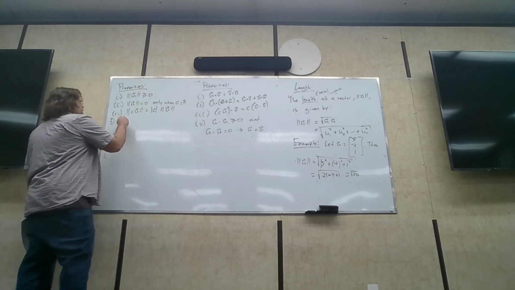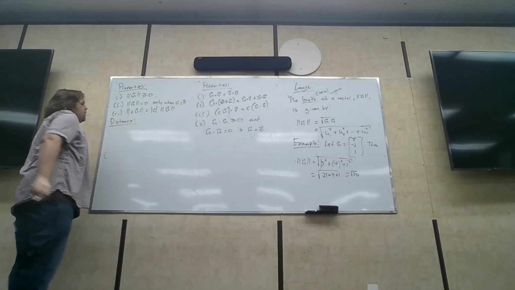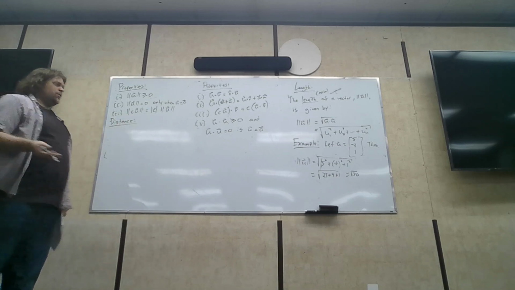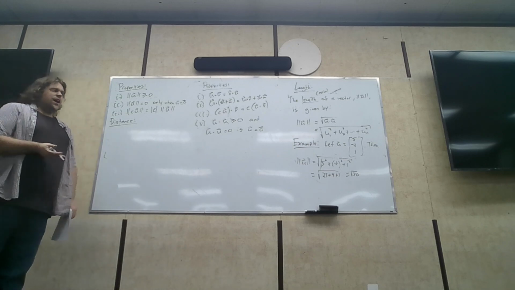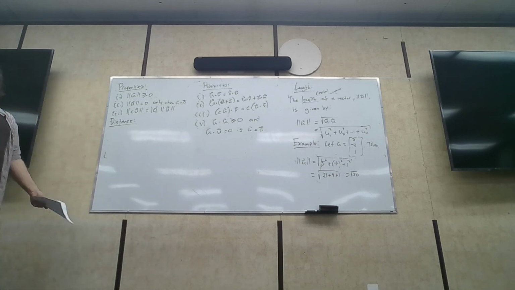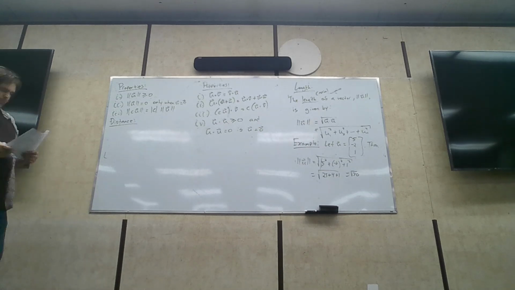So the connection here, and why we care about giving a number to length, is because then we can compute distances, right? If we've got 2 things in space, we want to know how far apart they are.